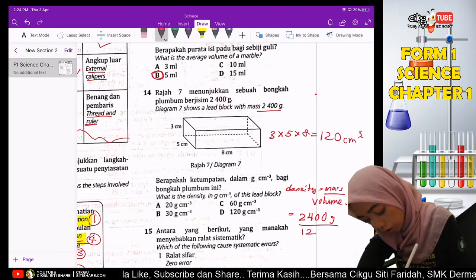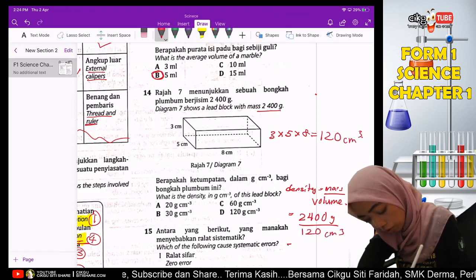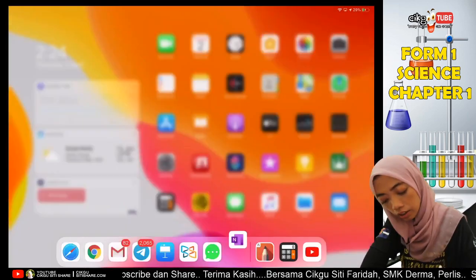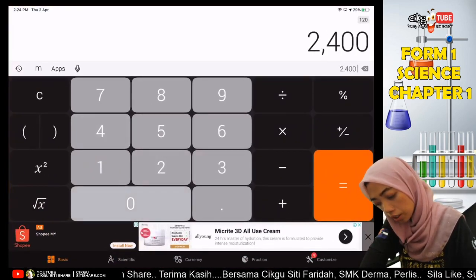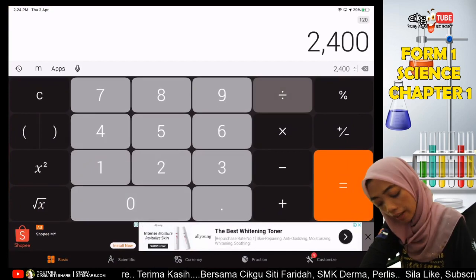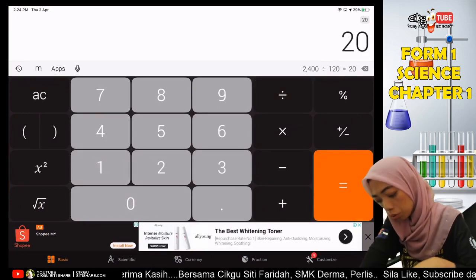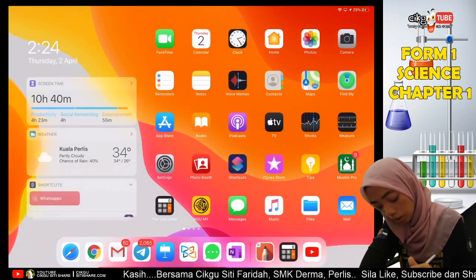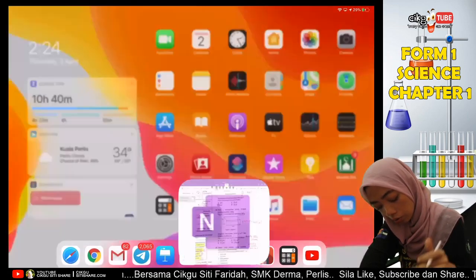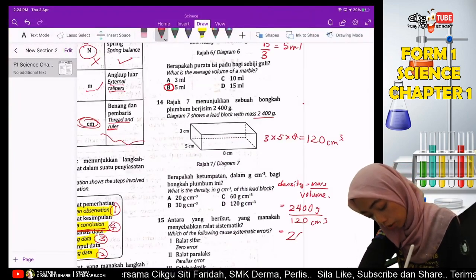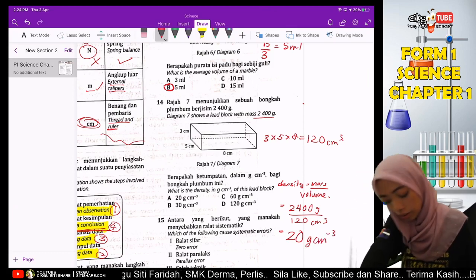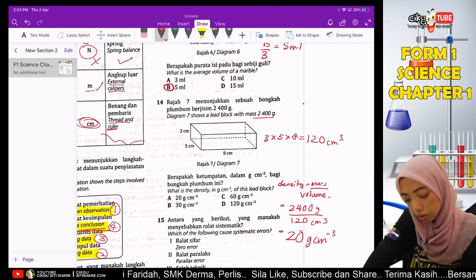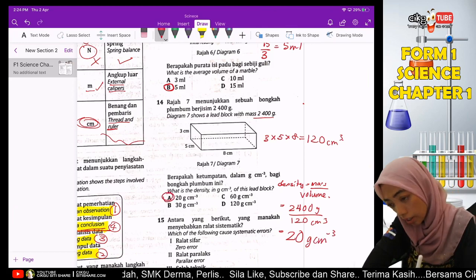Then we use the calculator: 2,400 divided by 120 equals 20 gram cm negative 3. Okay, so the answer is A.